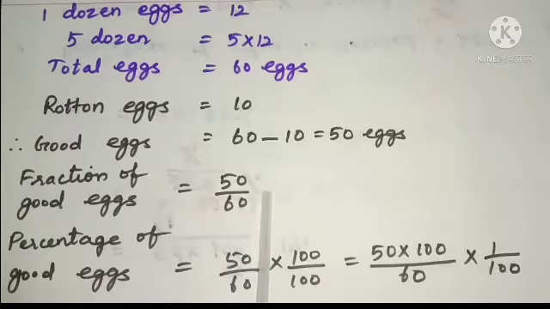Now, by using this fraction, we can change the fraction into percentage by multiplying and dividing by 100. And now, children, 50 into 100 by 60 and keep 1 by 100 aside. And in the next step, 1 by 100 will become 1 percentage, and cancelling 50 into 100 by 60, we get the answer.